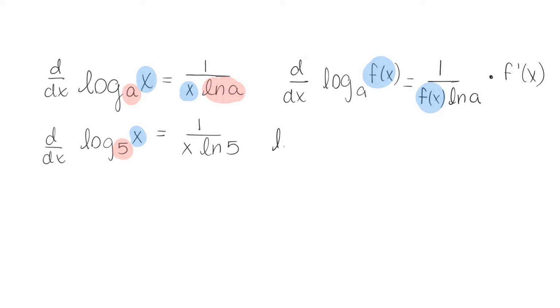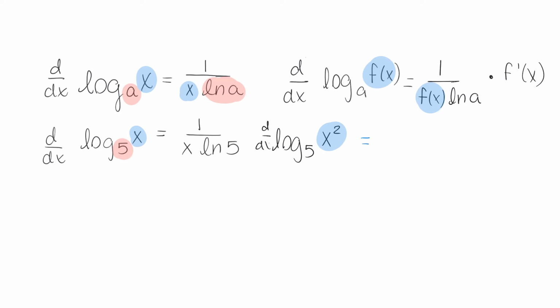So let's do another example. What if we have log base 5, like we did last time, but this time we have x squared. So you can see here that our x is now an f of x, right? It's got its own derivative, and we have to take that derivative as well as the derivative of the log. So our derivative, oops, I forgot to write d dx.